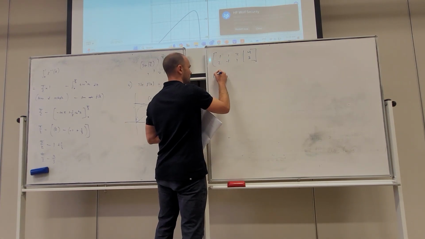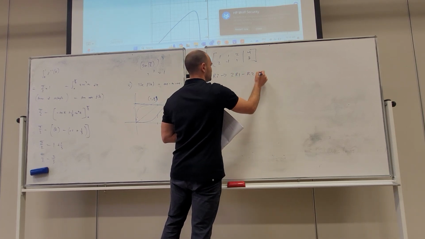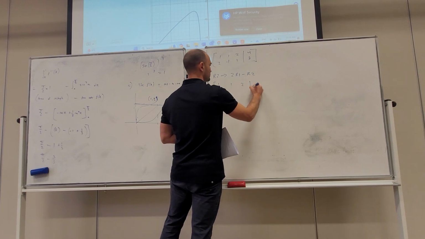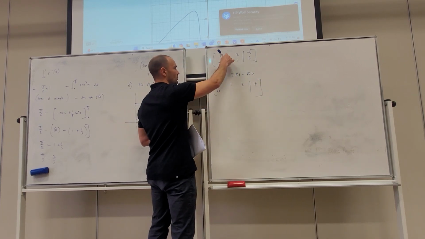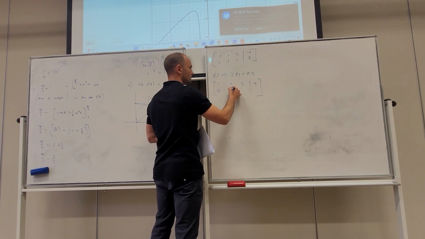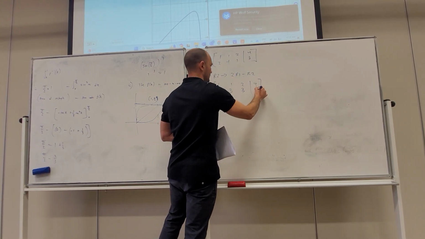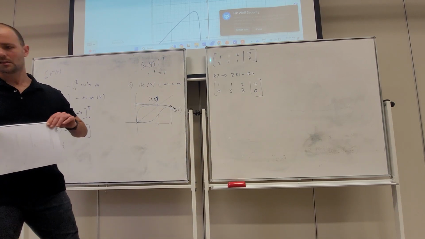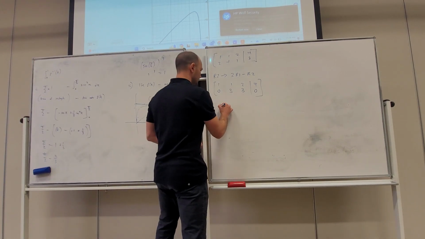So we're going to replace row 2 with 2 lots of row 1, take row 2. That's going to give us row 1 stays the same. 2 take 2. We'll have 2 take away minus 1. 4 take away 1. 8 take away 8. So then we can solve through. We let z equal t.